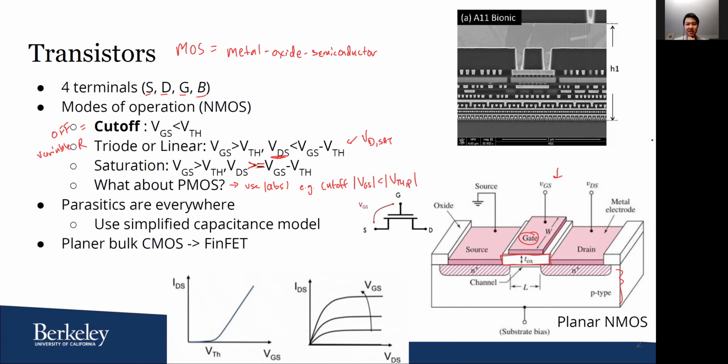And then MOS transistors have a lot of parasitics. So let's take a look at this diagram to the bottom right. Can people just tell me what parasitics there are, and I'll annotate them in this diagram as we go. We have a modeled output capacitance, right?